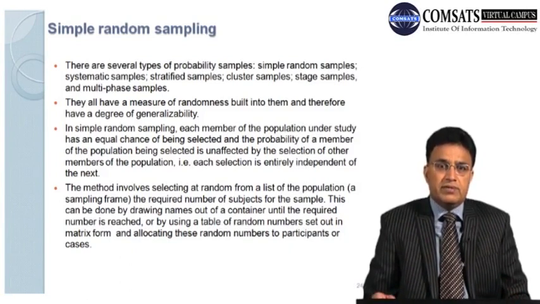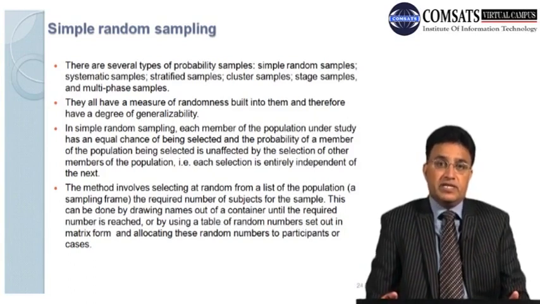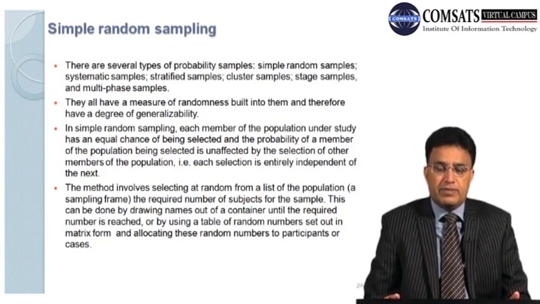In simple random sampling, each member of the population under study has an equal chance of being selected, and the probability of a member of the population being selected is unaffected by the selection of other members of the population.